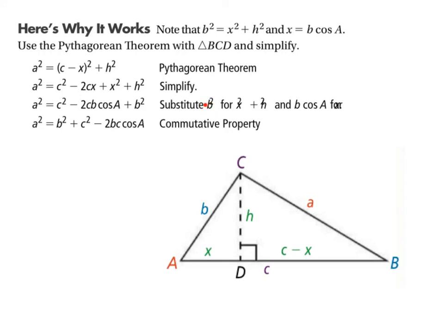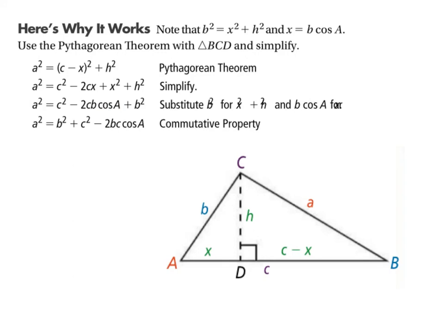Now here they're saying you're going to put in b squared wherever you have x squared plus h squared. See how you have x squared plus h squared? And we already know that x squared plus h squared up here is equal to b squared. So they took this piece and they replaced that. Okay. We also have that x is equal to b cosine a. So when you have down here 2cx, that's just the same as having 2c times b cosine a. Right?